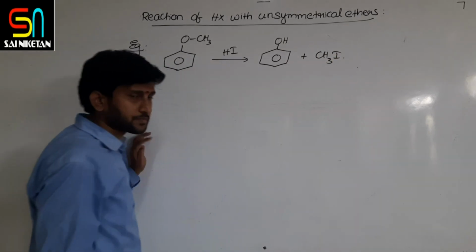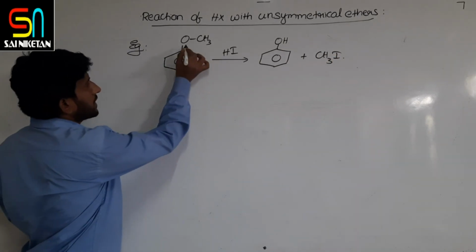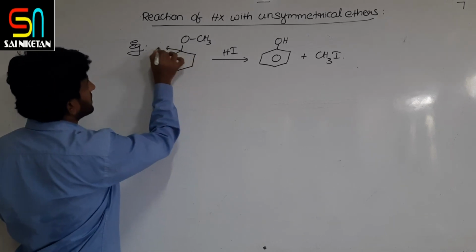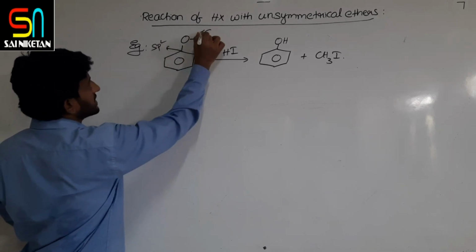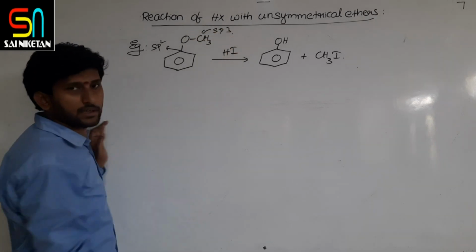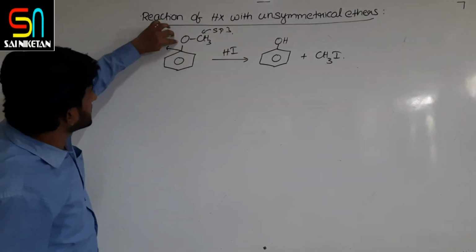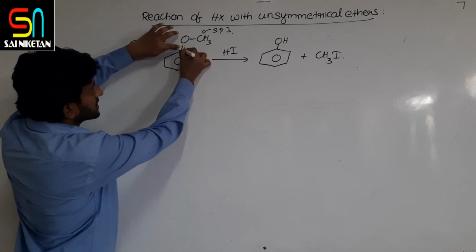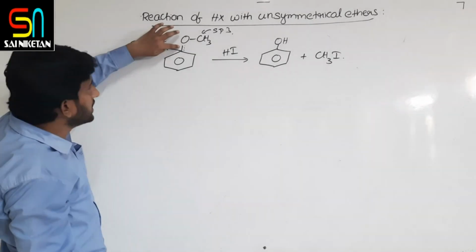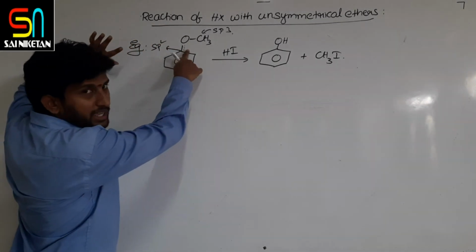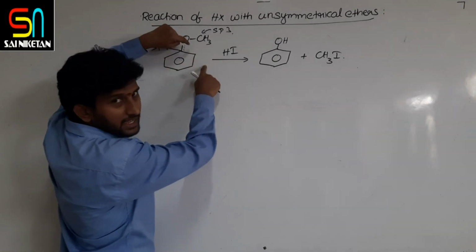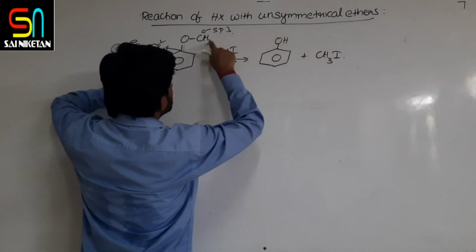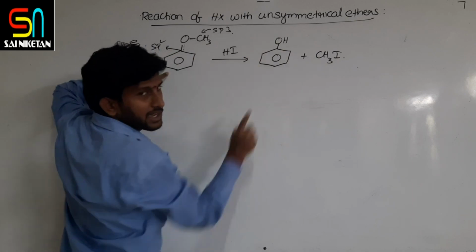That means if you compare the relative bond strengths here, this is sp2 carbon, this is sp3 carbon. The sp2 carbon and this oxygen have double bond character. You know that it is due to conjugation or resonance. So this bond is difficult to break. That's why in this case the alcohol is phenol and methyl is converted to methyl iodide.